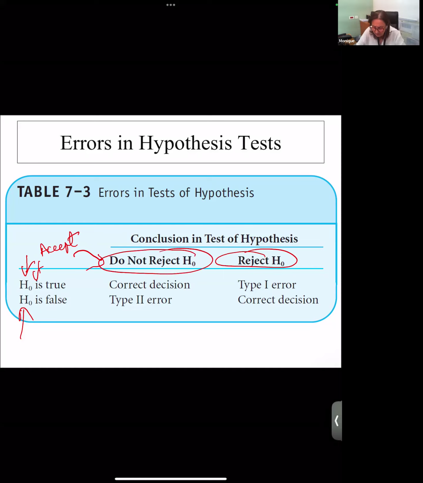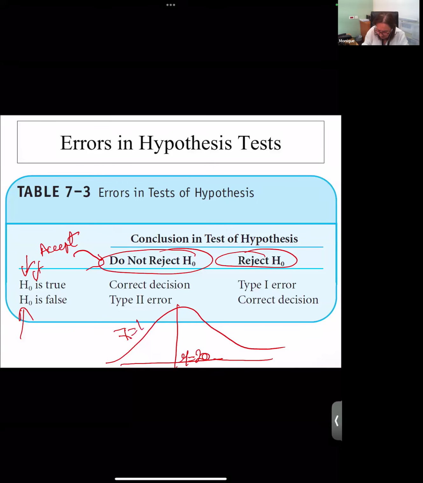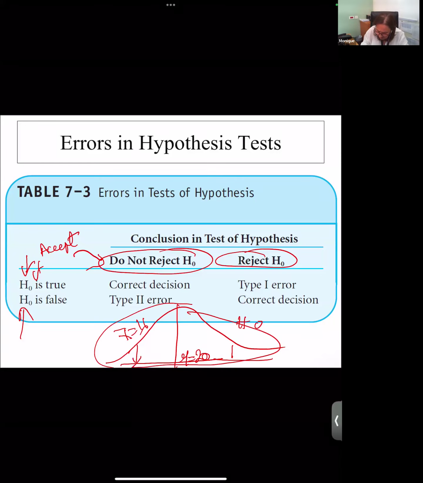However, when you do that, if I go back to that drawing, again, mu here is 20, and then you get an X bar here equals 16. You decide that everything is H0, all of it is H0, but you decide that if you get something here, it's not anymore. You take the decision that H0 is not true.